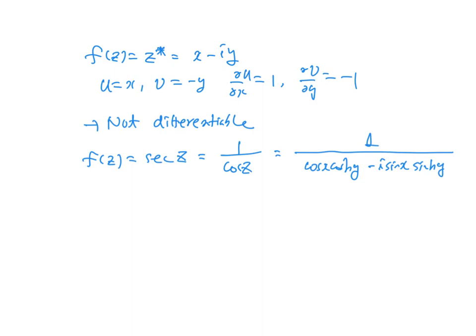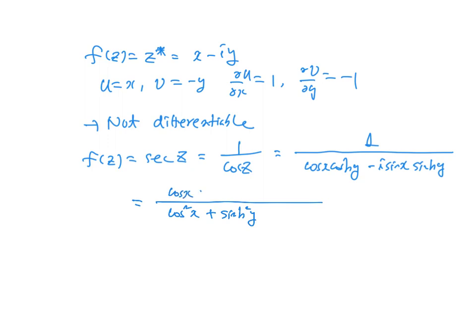It can be simplified. So this will become cosine x cosine hyperbolic y plus i sine x sine hyperbolic y over cosine square x plus sine hyperbolic square y.